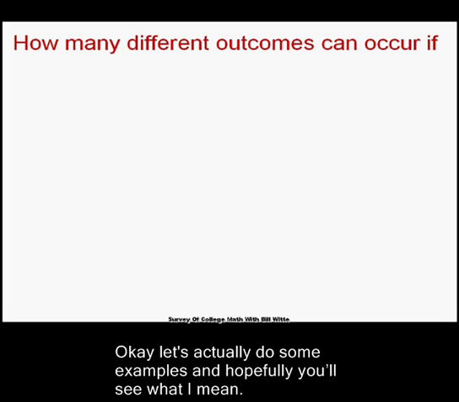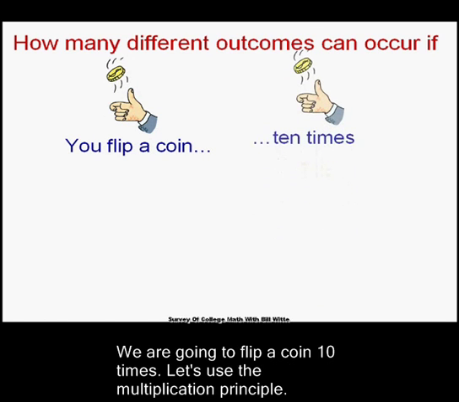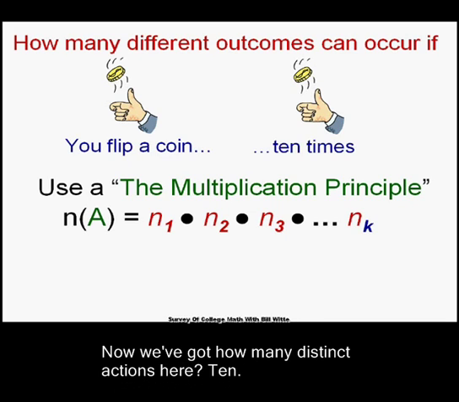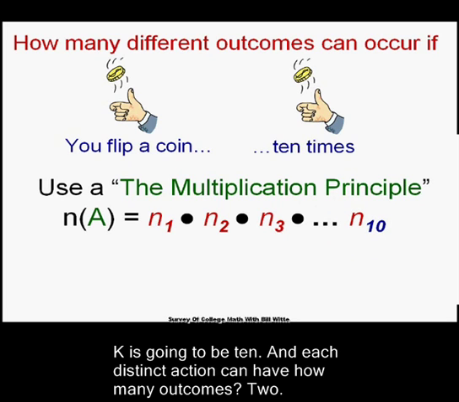Okay, let's actually do some examples. Hopefully you'll see what I mean. We're going to flip a coin, like I said, 10 times. Let's use the multiplication principle. How many distinct actions do we have here? 10. k is going to be 10.